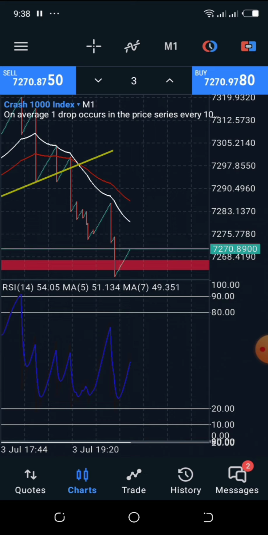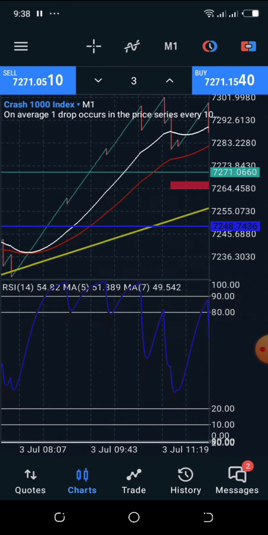That is not where the money is. If that is where the money is, everybody would be profitable in the market. So develop the discipline to stick to one, because I designed this indicator for Crash 1000. If you want to know how to design an indicator, you can reach out to me.